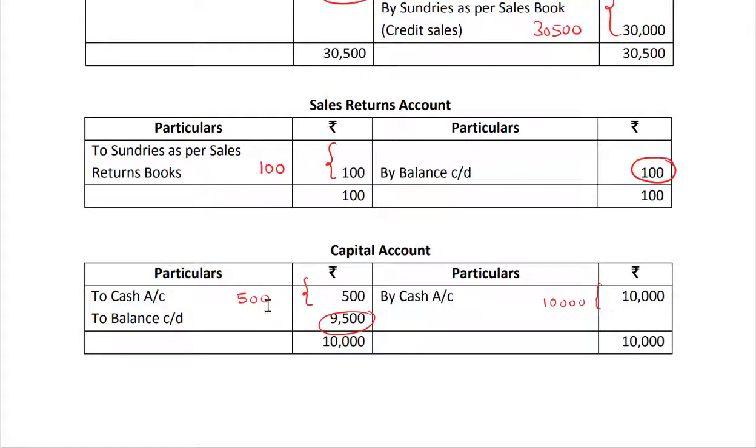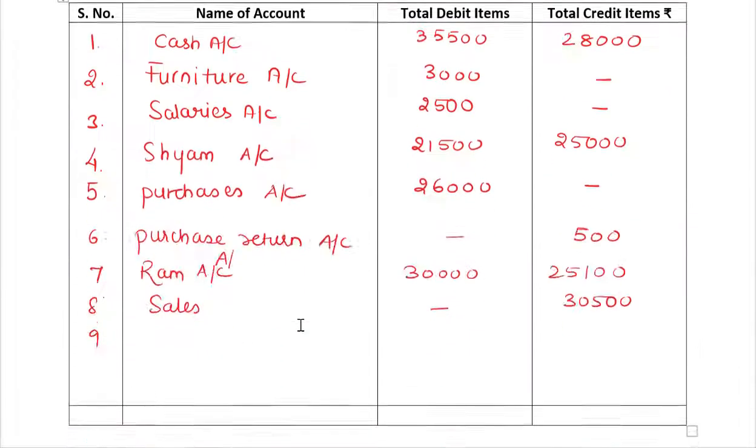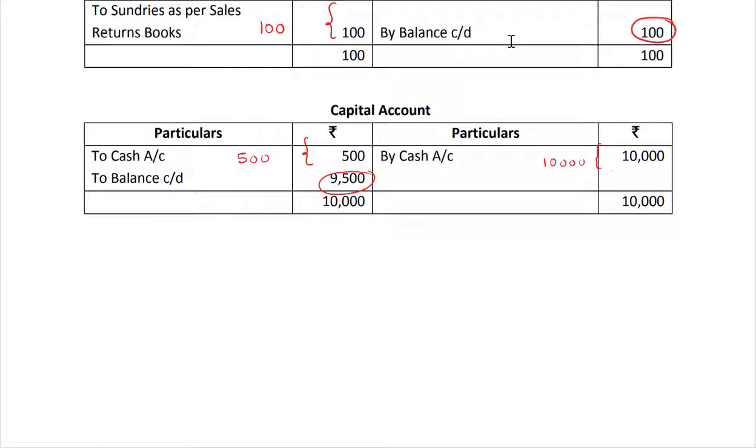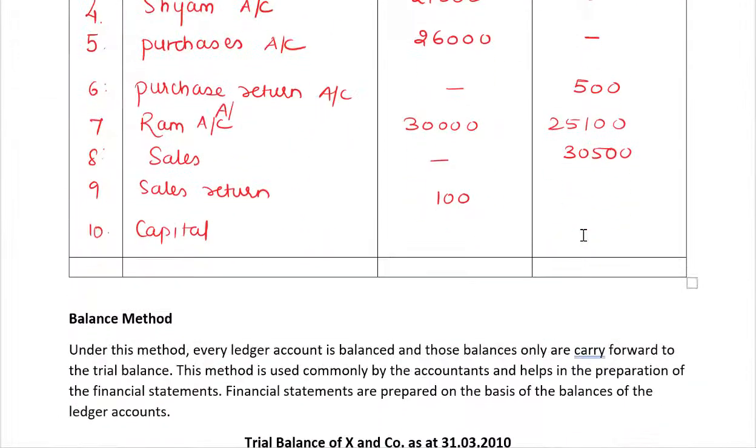In capital, we have 500 on the debit side. So we have sales return 100 and capital. Capital is 500 on the debit side and 10,000 on the credit side.